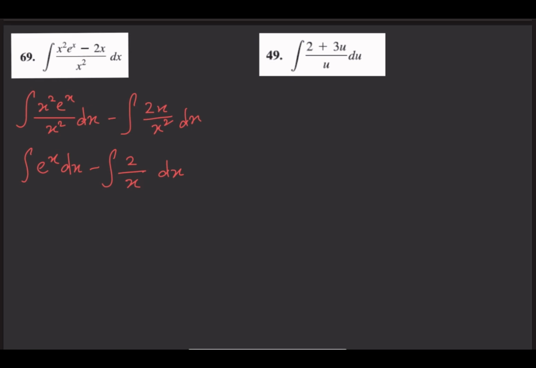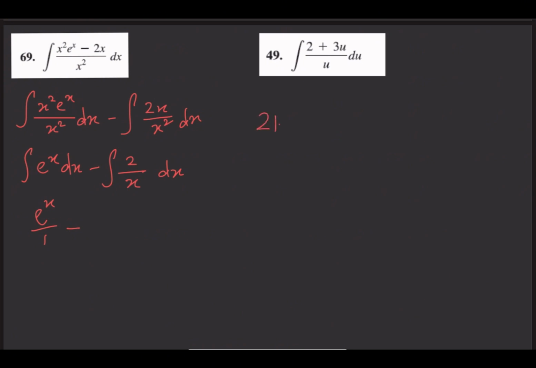Remember that the integral of e power x is basically just e power x divided by 1, since the derivative of x is 1. Minus, remember that the integral of 1 over x is ln x, but for 2 over x, let me write on the side as a tangent.